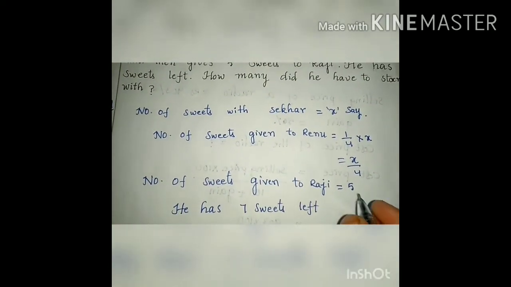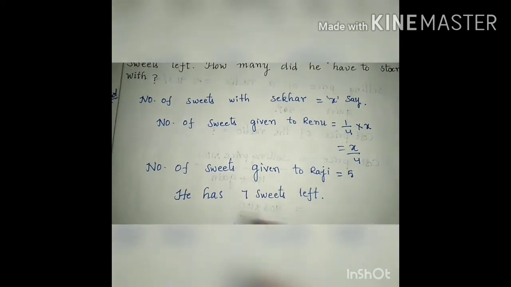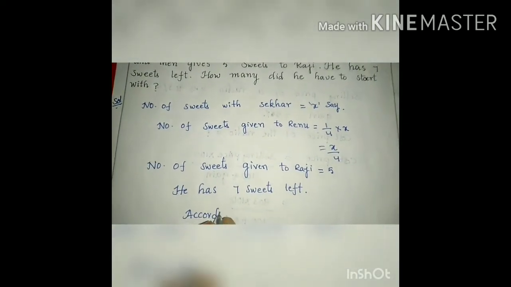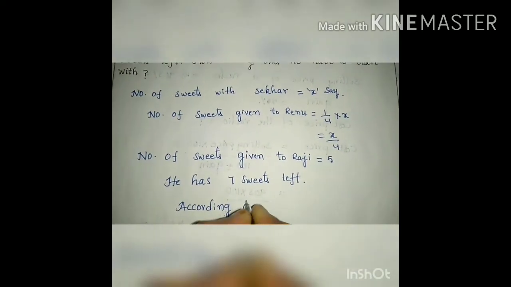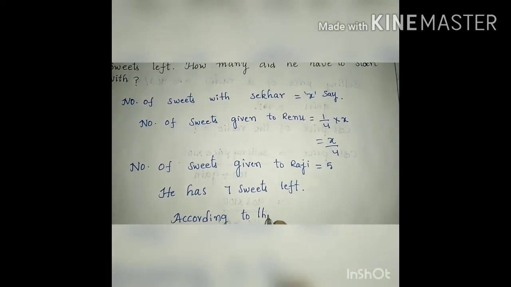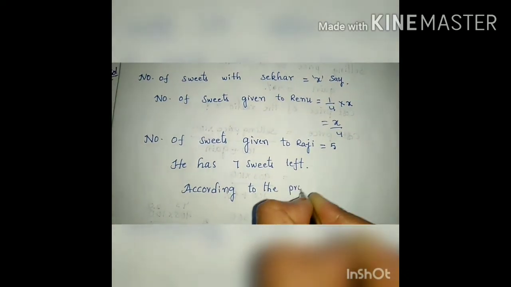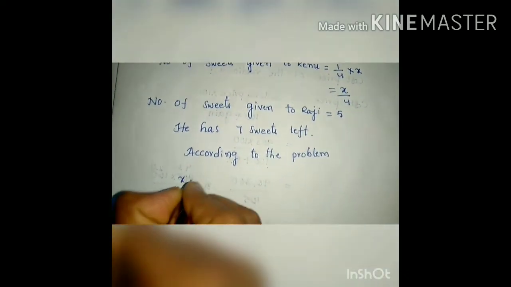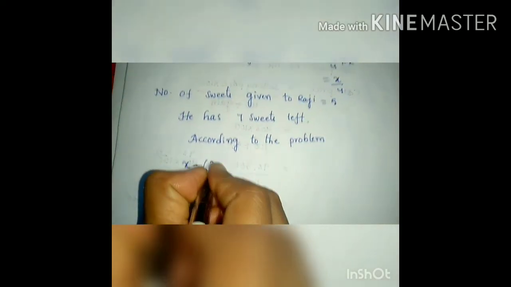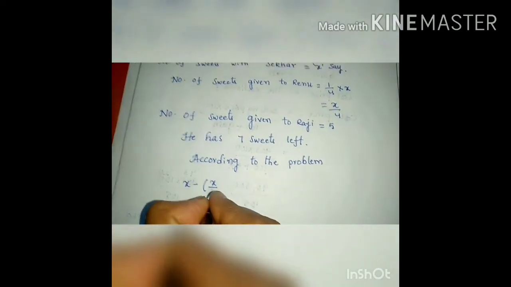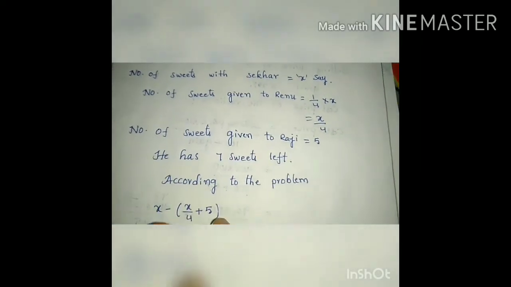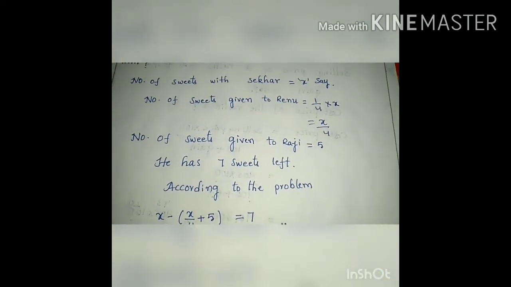Okay, next. According to the problem, total sweets minus sweets given to Renu plus sweets given to Raji equal to 7, since 7 sweets are left.